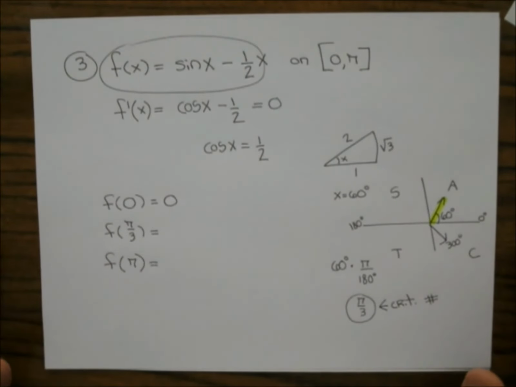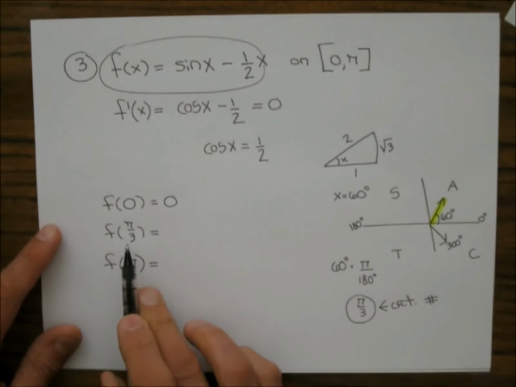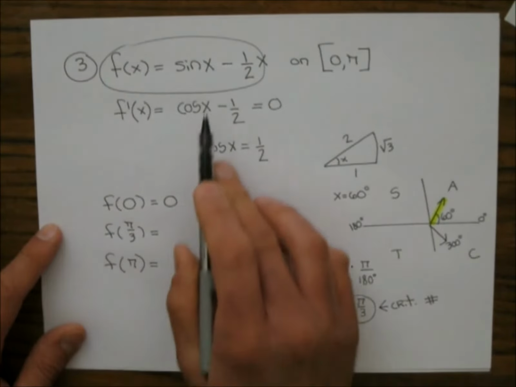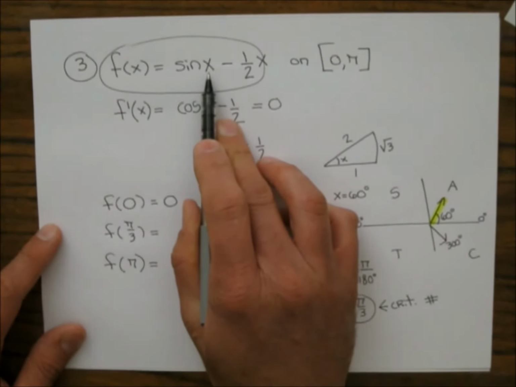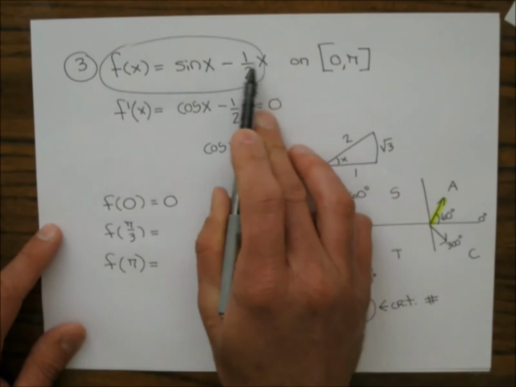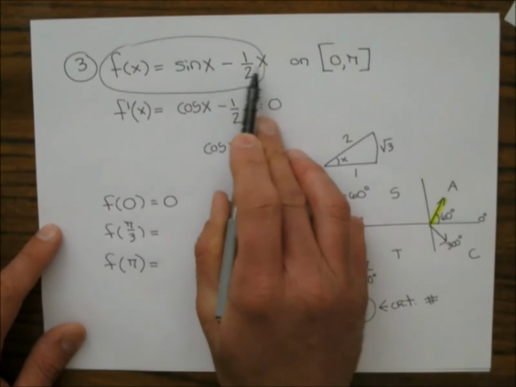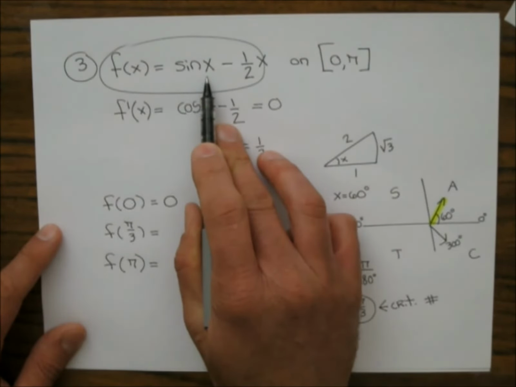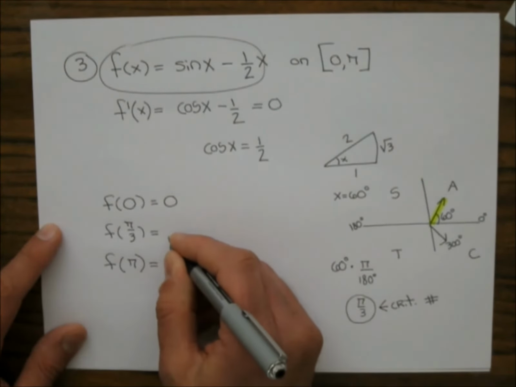It's a contest. We'll give out ribbons at the end. When I put pi thirds into my calculator, make sure your calculator is in radians. You do not want to plug degrees in here because you'll have a mix of units, which is bad. So use radians.